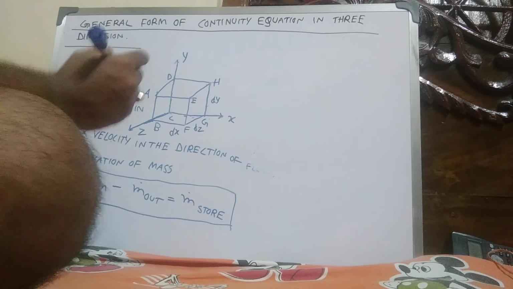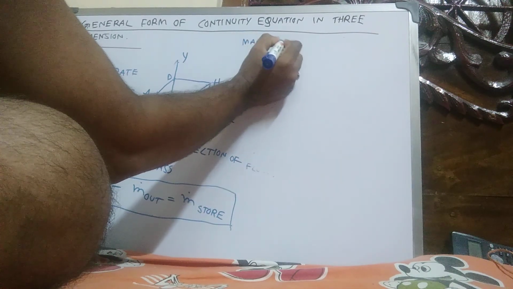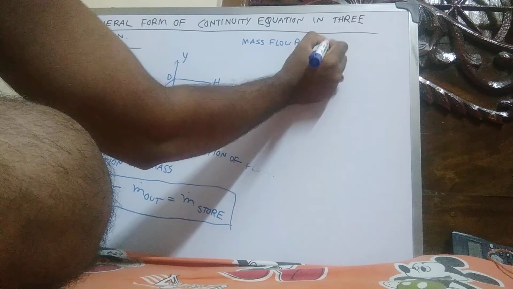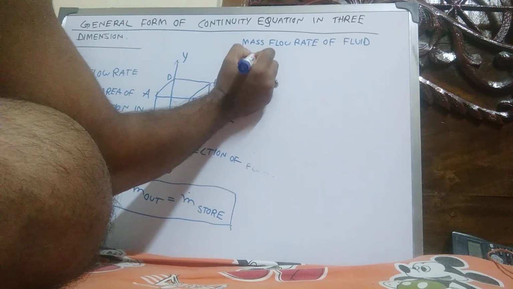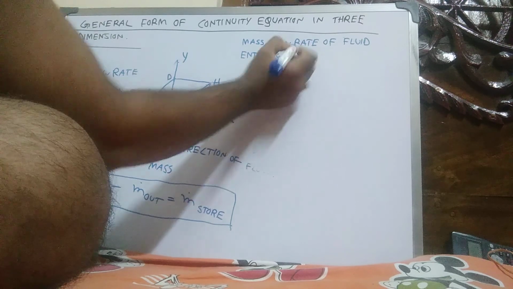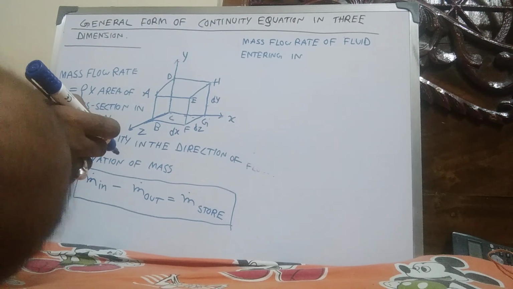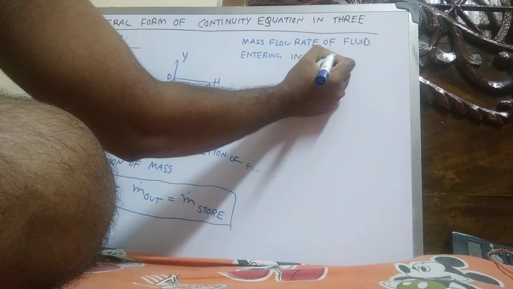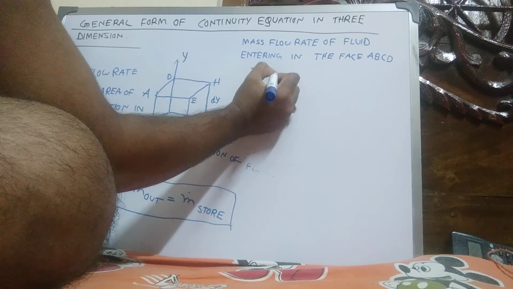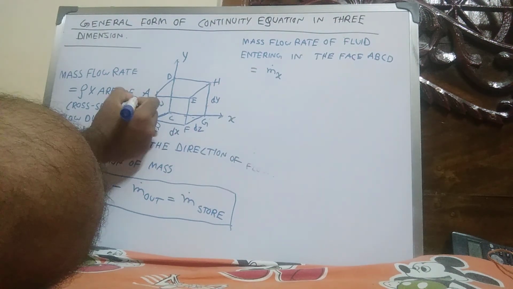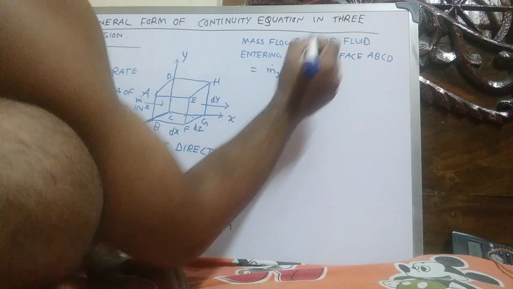Now, the mass flow rate of fluid entering the face ABCD equals m dot x, this is entering, and this is the leaving m dot x.